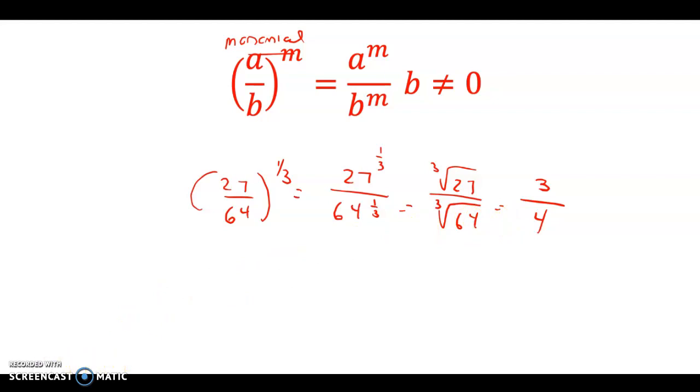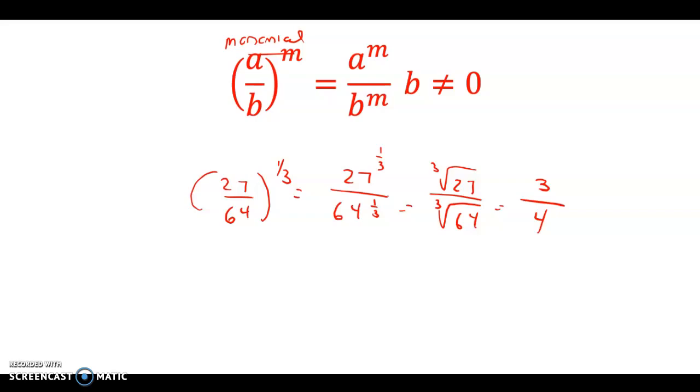So just to give you some problems to practice on your own. You could practice 7 to the 1/4 times 7 to the 1/2. You could practice 6 to the 1/2 times 4 to the 1/3.